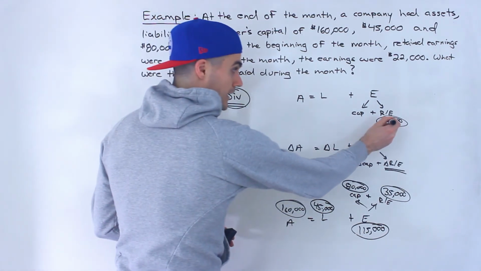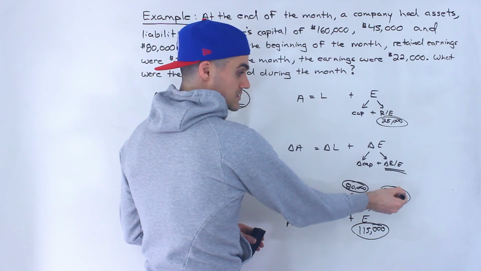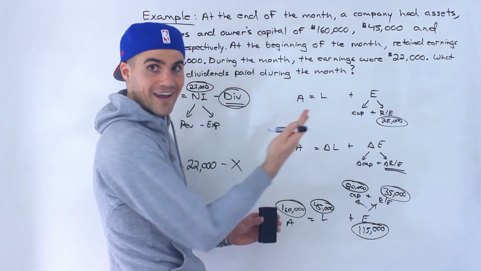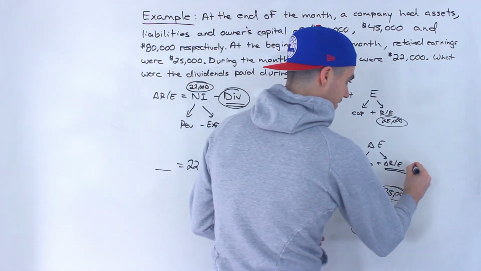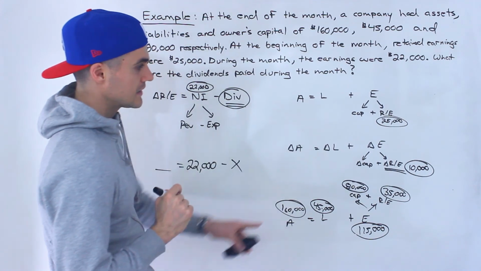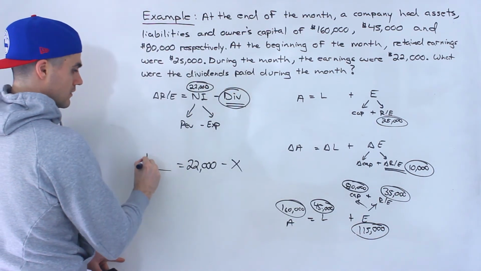So we got the beginning retained earnings, and then we got the ending retained earnings. Notice it went from 25,000 to 35,000. So what was the change in retained earnings? Well, it went up by 10,000. And that's actually what we wanted, because that positive 10,000 would now go here.